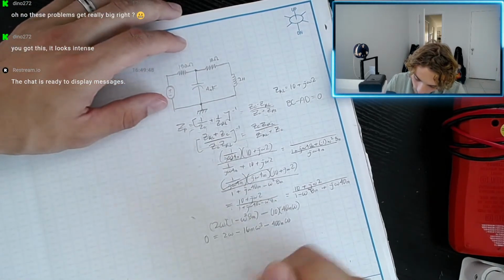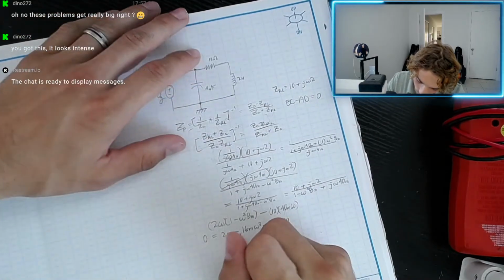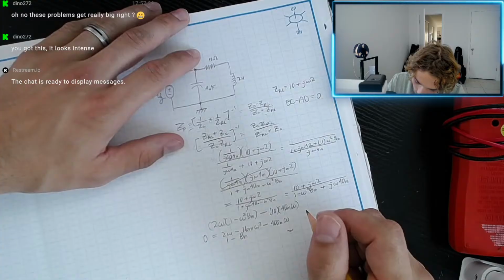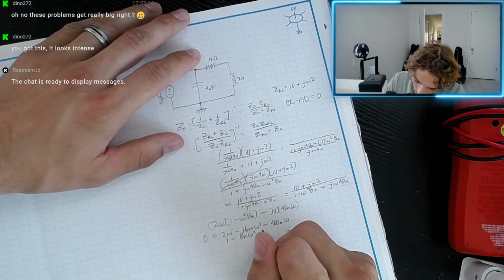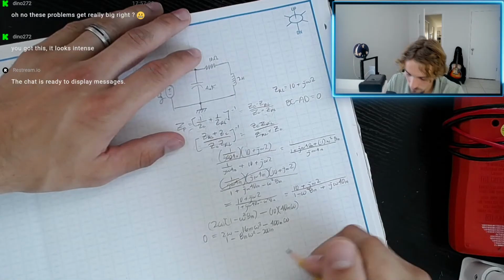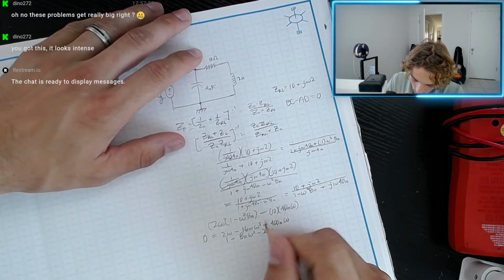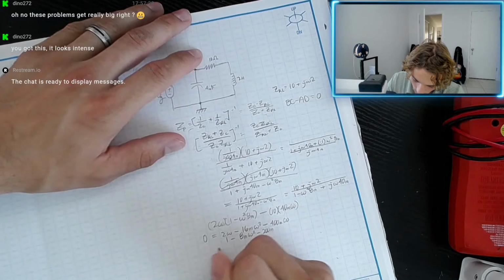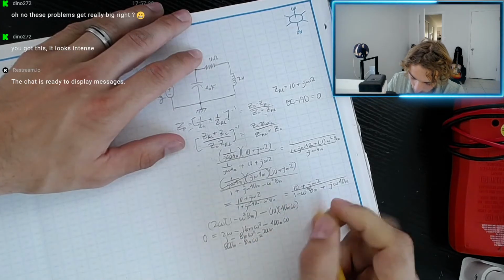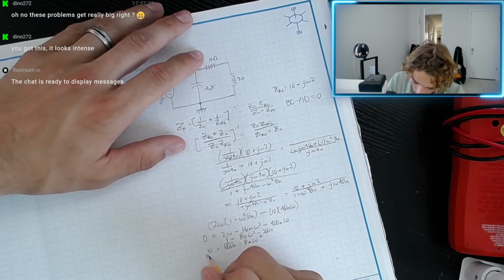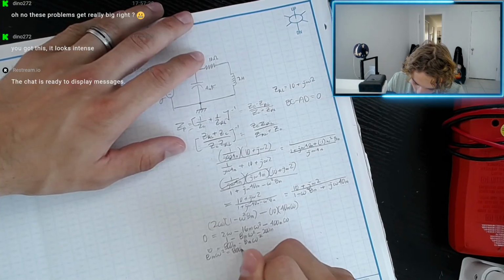Okay. Yeah, we just divide the whole thing by 2 omega. Can you guys see that?